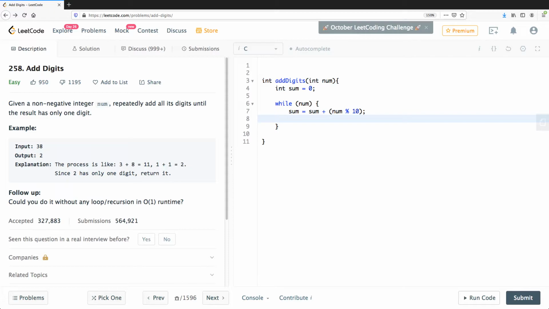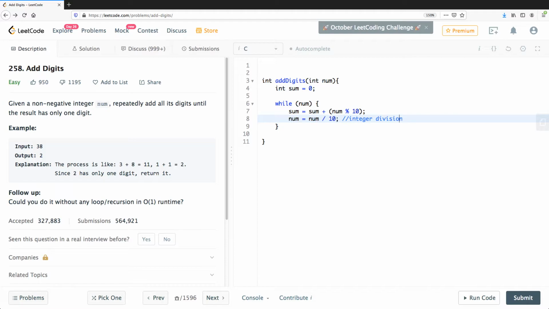At this point you need to see if your num is less than. Now you see what are the things. So at this point num will be equal to num divided by 10, and this is integer division. It gets rid of the last digit in num.